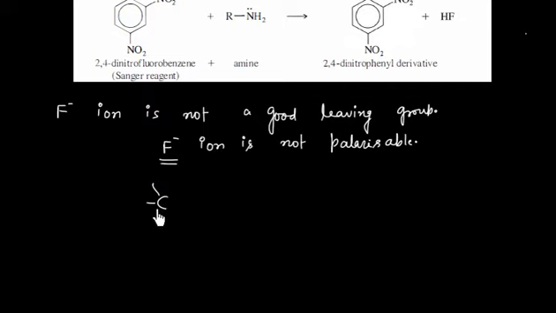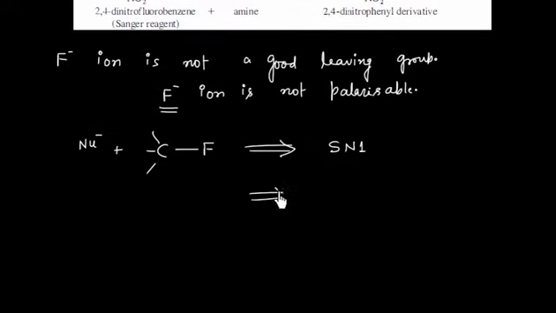So question says, if we have fluoride ion as a leaving group and if we have a nucleophile, in this case SN1 reaction does not take place, as well as SN2 reaction does not take place.